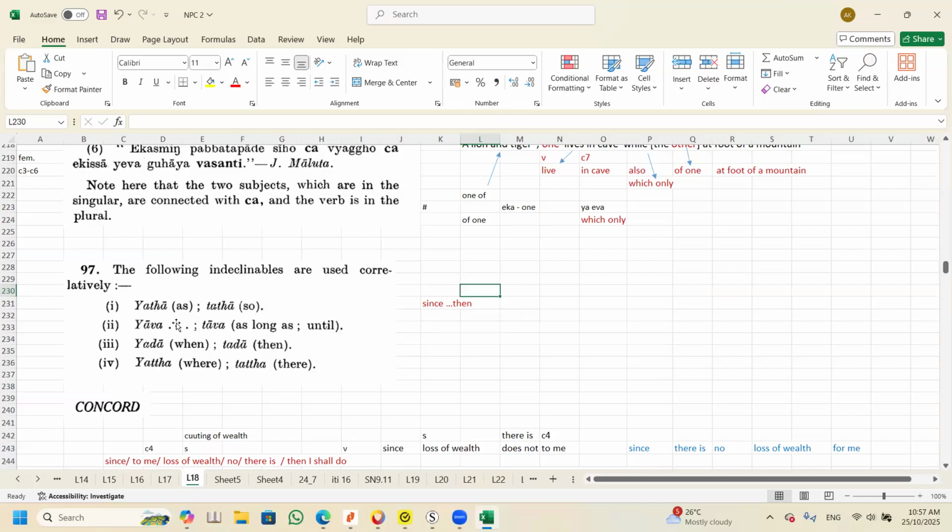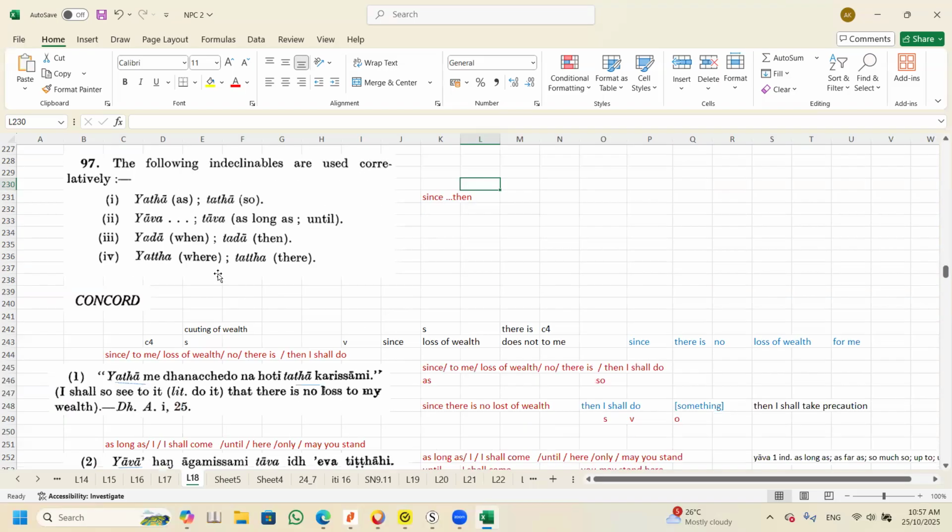This one is going to be very challenging. Yava, tava. You cannot put two of them in one sentence. You have to omit one of them. I will explain to you later. So this one you always see in pairs.